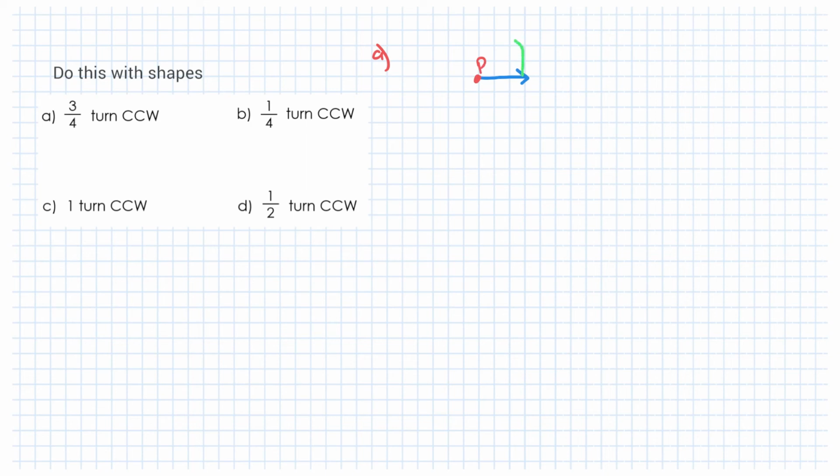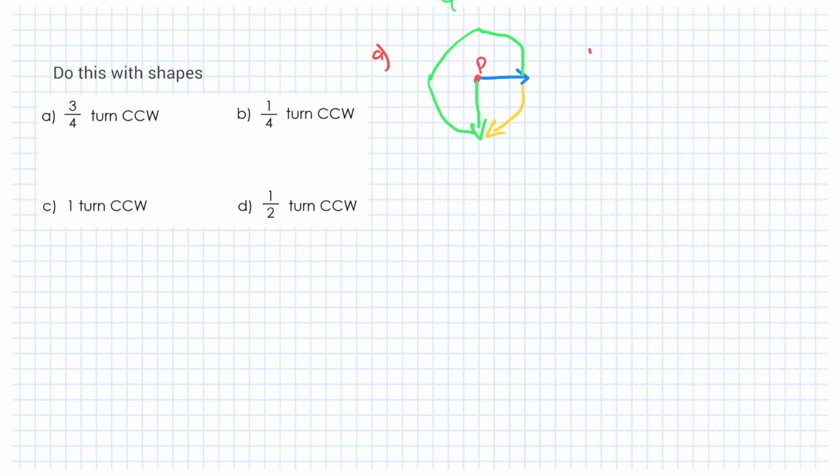So we would go 1, 2, 3. This 3/4 turn counterclockwise, if you were to go in the other direction this way, is equal to a quarter turn clockwise. So just watch out for that.